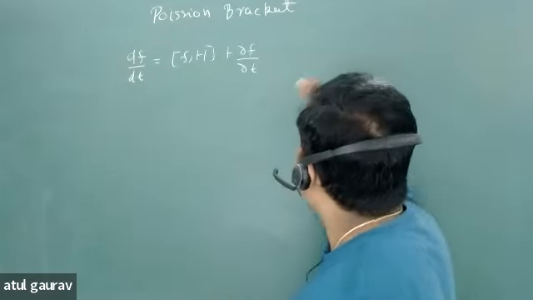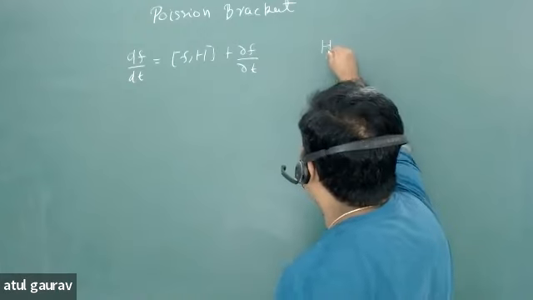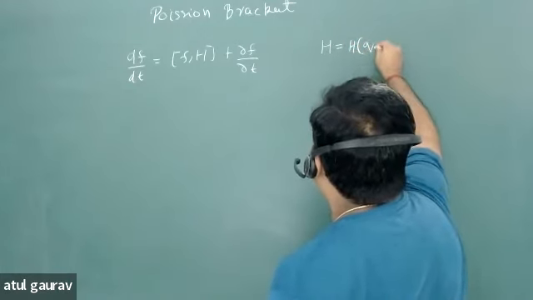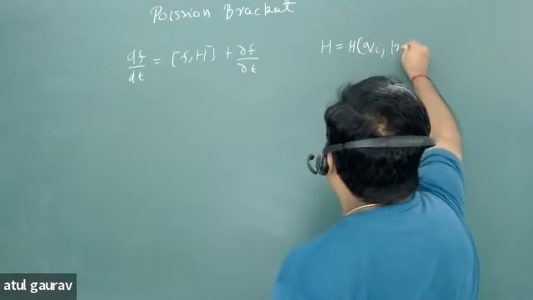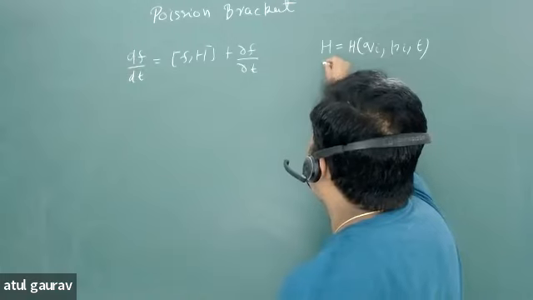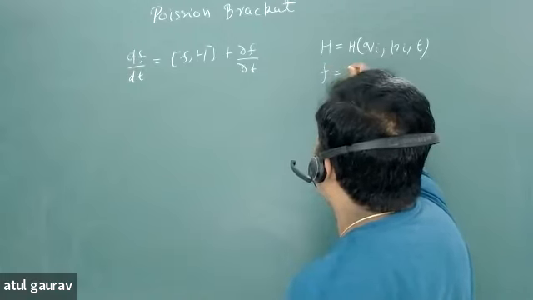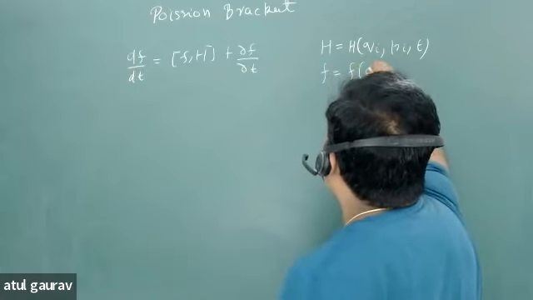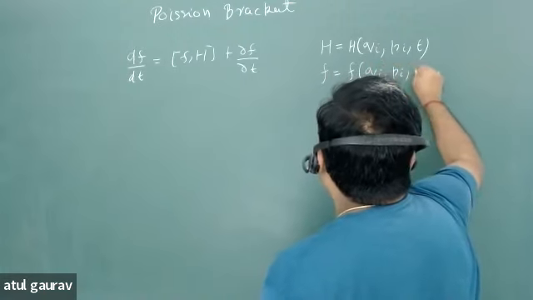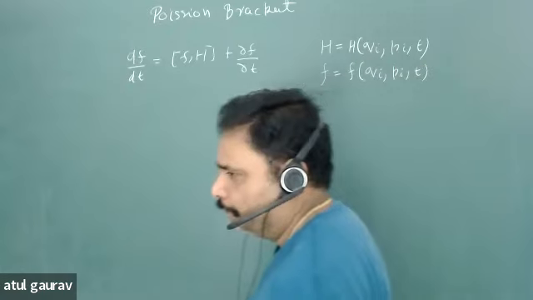And obviously, we always have to take care of this Hamiltonian. This Hamiltonian is a function of generalized coordinate, generalized momentum, and time. At the same time, this f is also a function of generalized coordinate, generalized momentum, as well as time.